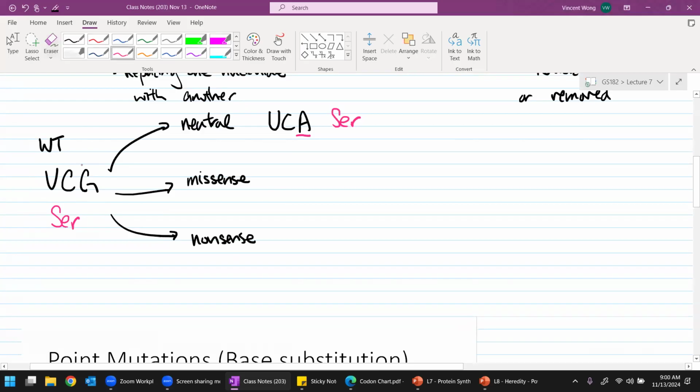Instead of UCG, change it to anything you like. ACG. Remember, you can only change one letter at a time. And you have to verify that you did it correctly by looking up ACG. If you look up ACG, it is THR. You switch the amino acid. It's a missense mutation. Okay?